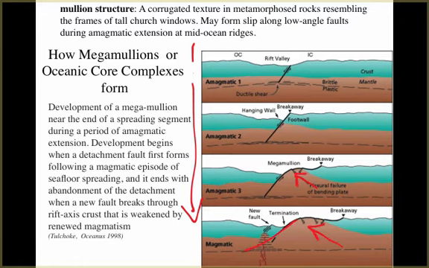That process can be ongoing with new high-angle normal faults. The development of these megamullions happens near the end of a spreading segment during a period of amagmatic extension. The development begins when a detachment fault first forms, following a magmatic episode of seafloor spreading, and it ends when the detachment is abandoned when a new fault breaks through, and that crust is weakened by renewed magmatism.